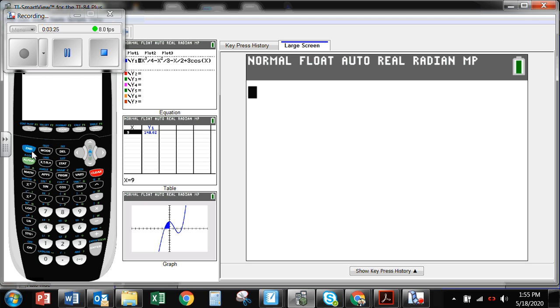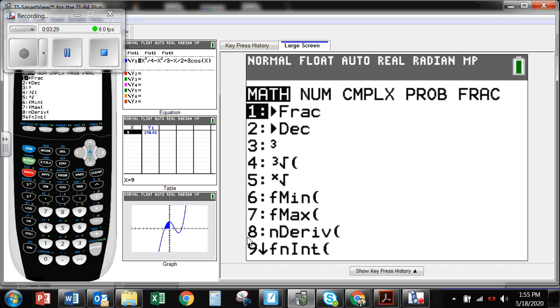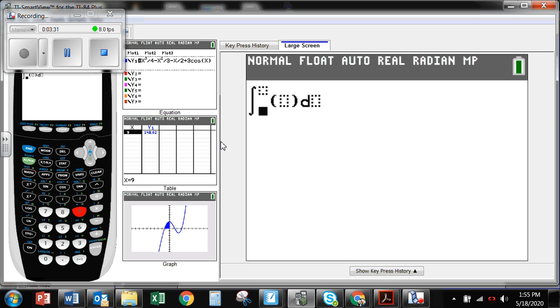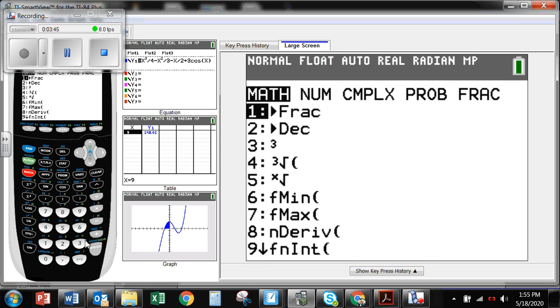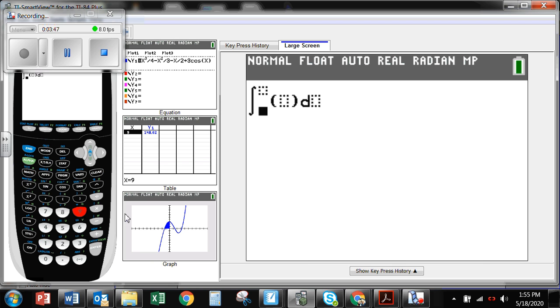Okay, another way to do this same thing, second quit. Let's come out here, clear everything, and I can do math, choice 9, and I know I'm going from 0 to, excuse me, not 0. 0 is the upper limit.